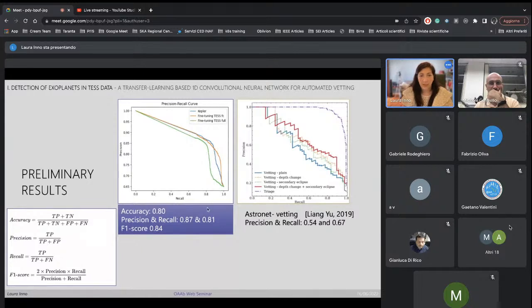You can see that if we look at recall 0.8, then we get precision of almost 0.9. While in their case, you have to look at the blue line, which is the vetting part of the CNN. For a recall of 0.5, they only get something like 0.7 precision, and if you go to recall 0.8, the precision is even lower.